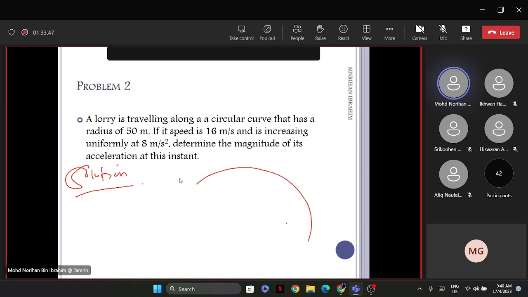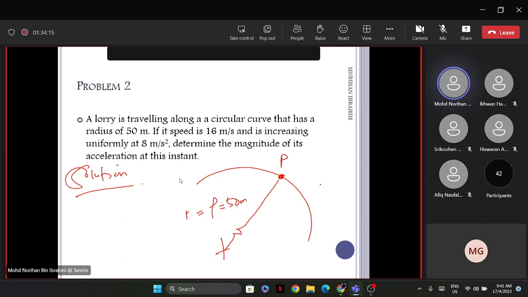Let's say it's moving along this circular curve. This lorry P has a radius of curvature rho, which is R, equal to 50 meters.